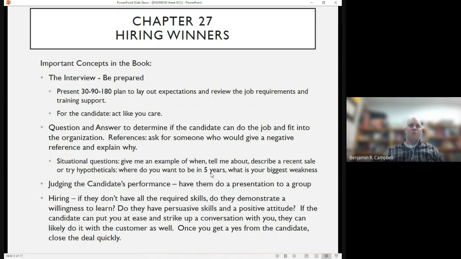So once you get a yes from the candidate that they're interested in the position, once you've described the position and you have a good feeling about them and you want to hire them, make sure you close the deal quickly, because if they're a good hire, they've likely got other opportunities and options, and you want to make sure that you're not waiting too long, or you might lose out.